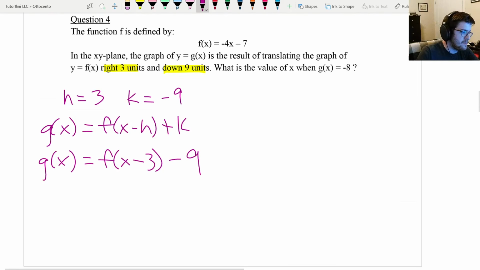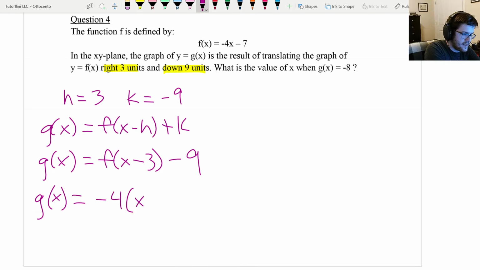Now to find f of x minus 3, we replace the x with x minus 3, so it's negative 4 times x minus 3, minus 7. And then that's our f of x minus 3, and then we have the whole thing minus 9.